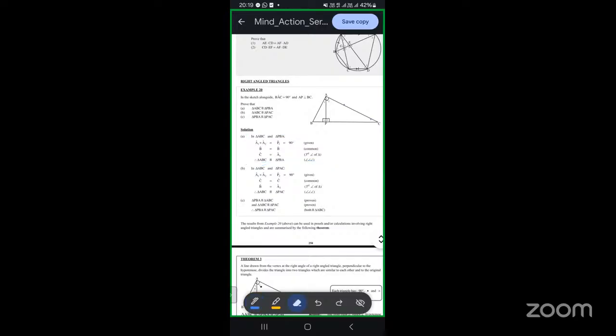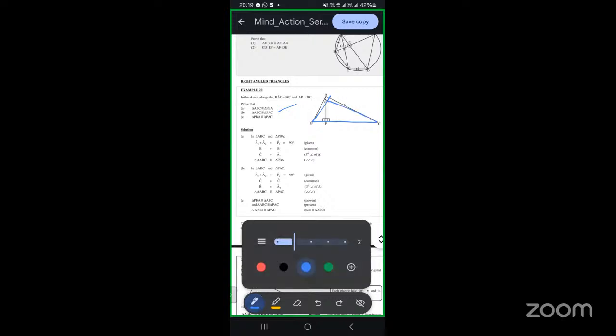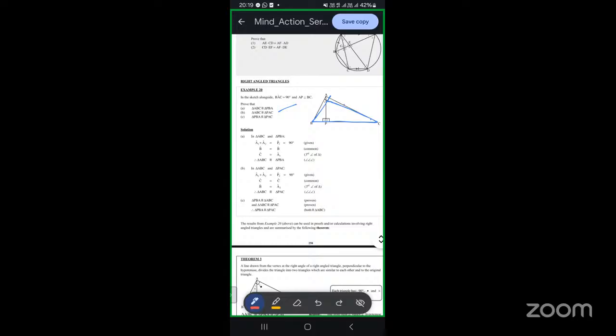Then we can now proceed to number B, whereby we are required to prove that triangle ABC, the blue triangle, is similar to the red triangle PAC. We can see that this is the common angle in both triangles, so you can just say angle C is equal to angle C, like they did in this part.